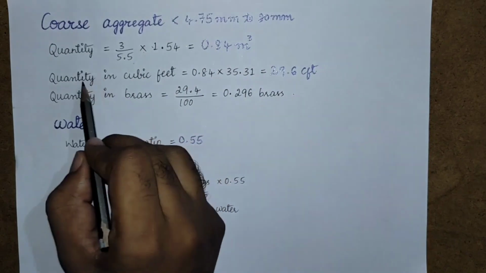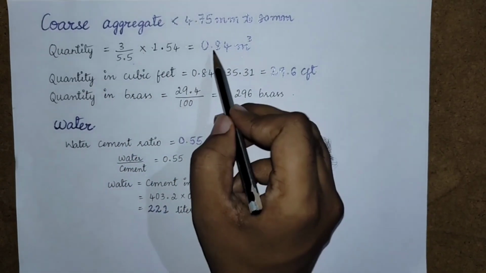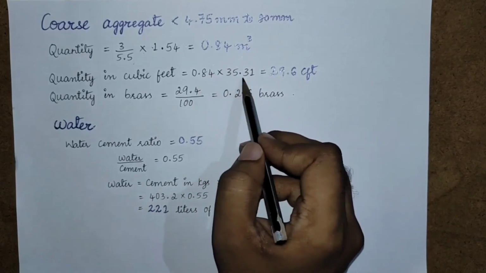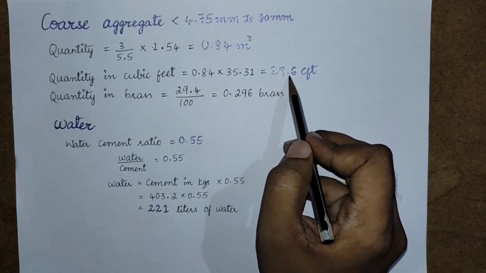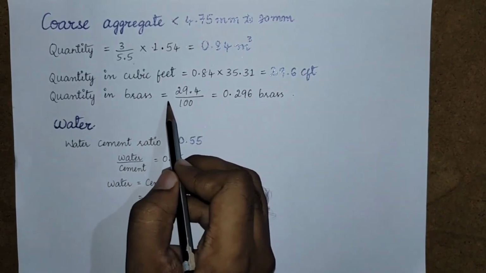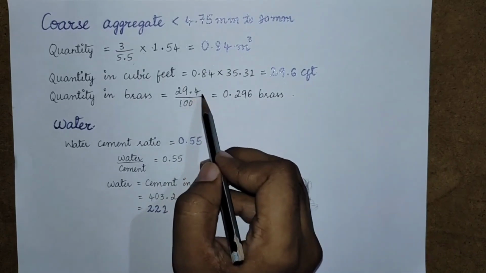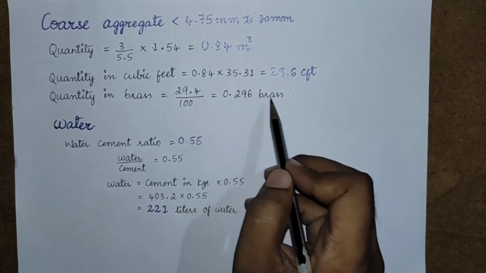First we have to convert into cubic feet. Quantity in cubic feet is equal to 0.84 multiplied by 35.31, that equals 29.6 cubic feet. Quantity in brass is equal to 29.6 divided by 100, which is equal to 0.296 brass.